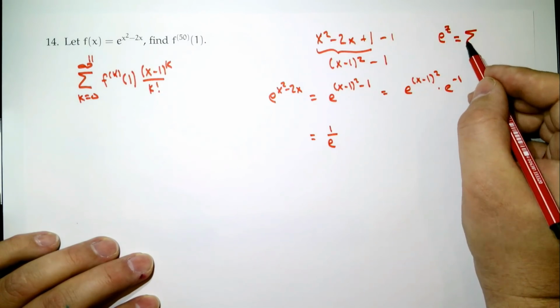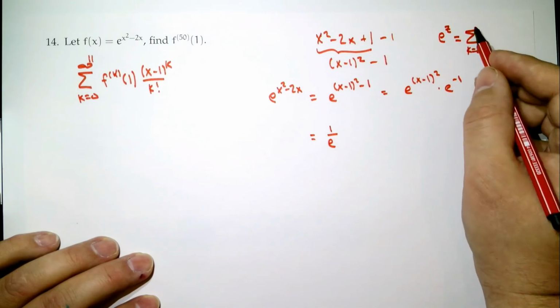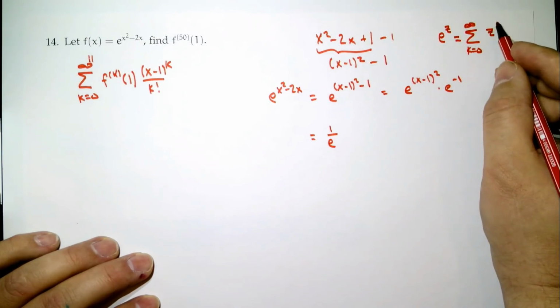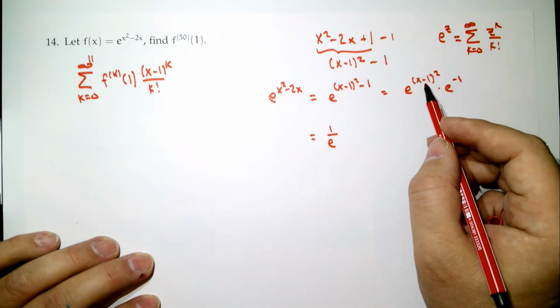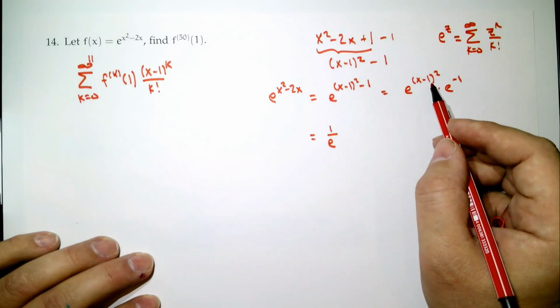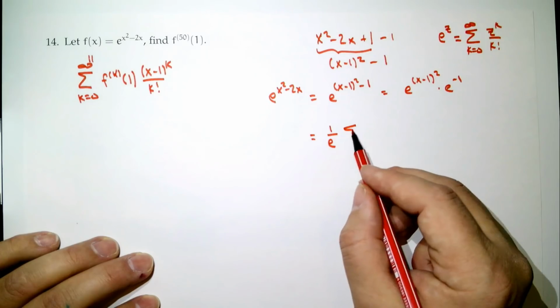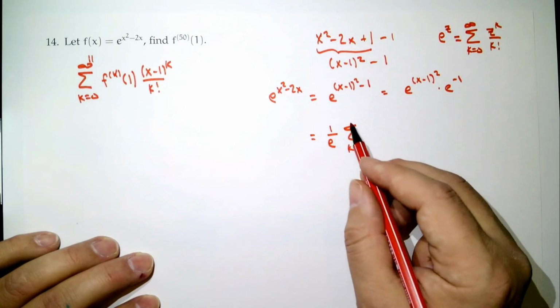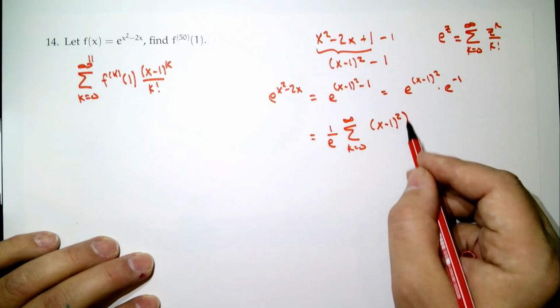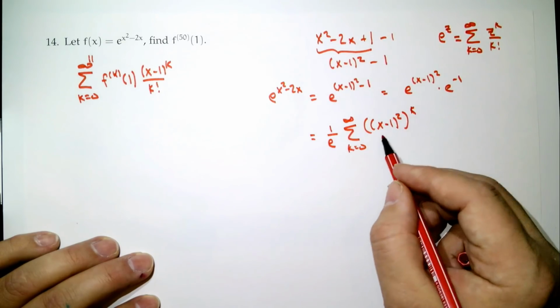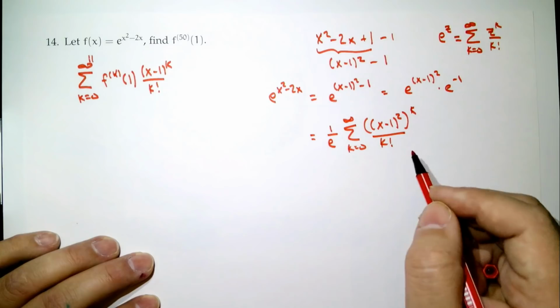And here is where we say, aha, our great aha moment is coming. E to the z, for any choice of z, is the sum from 0 to infinity of z to the k over k factorial. Here, our choice of z is x minus 1 squared. So this becomes the summation, k equals 0 to infinity, of x minus 1 squared to the k over k factorial.